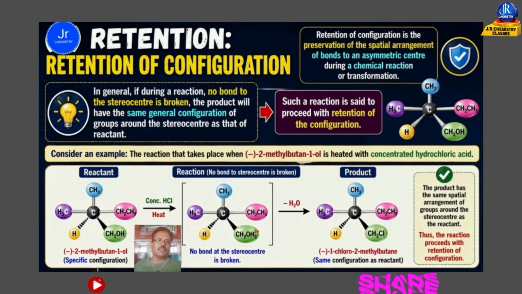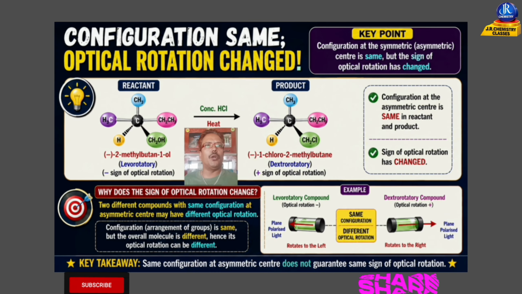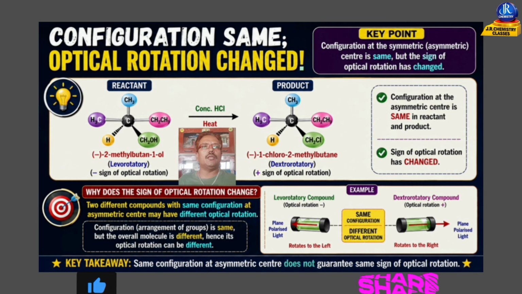Consider as an example the reaction that takes place when minus 2-methylbutan-1-ol is heated with concentrated hydrochloric acid. It is important to note that the configuration at the asymmetric center in the reactant and product is the same, but the sign of optical rotation has changed in the product.